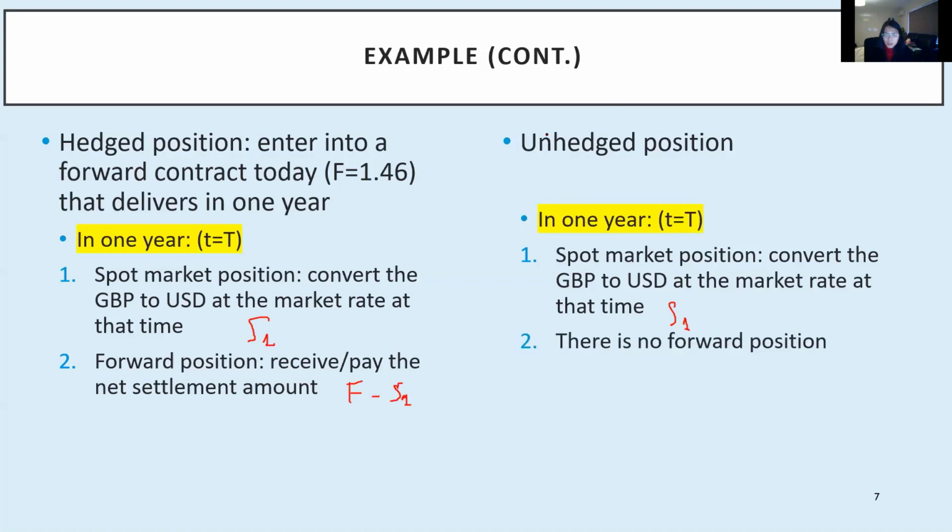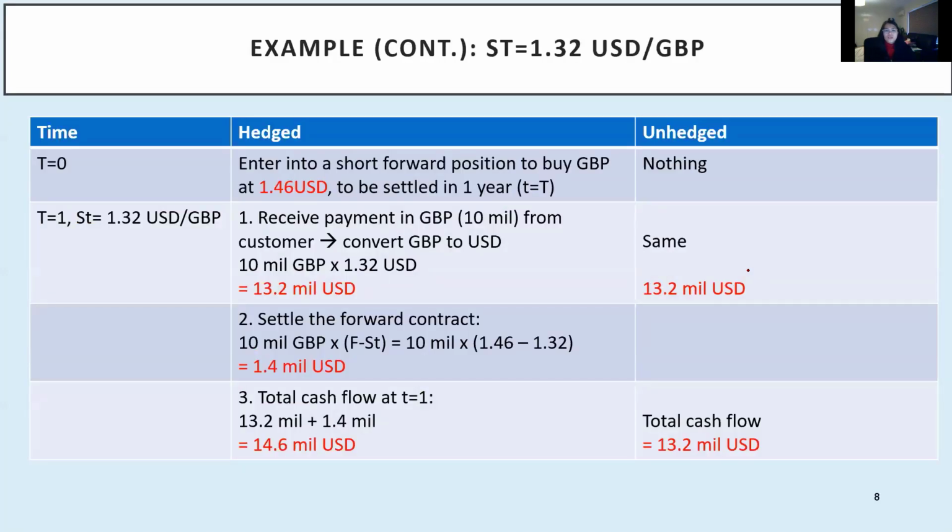So with the unhedged position, there's no forward position to worry about, so you just settle in your spot market, okay? So going back to our example before, in this case, I'm looking at the case where the future spot rate becomes 1.32, okay?